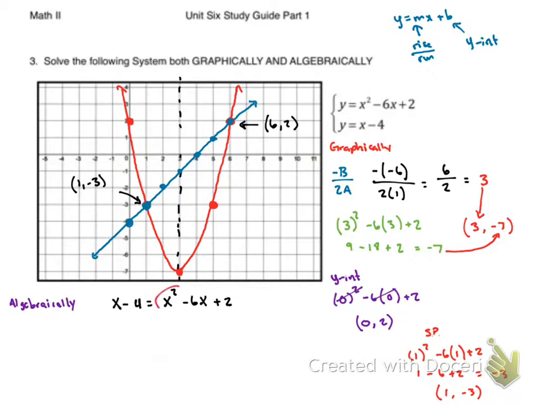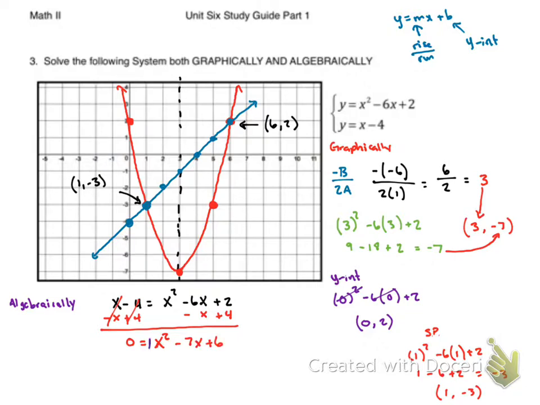I notice that my x squared here is already positive, so I don't want to move it. So I want to move these two terms over to the right hand side. I'm going to subtract x on both sides, and at the same time I'm going to add 4. So I did 2 steps in one there. These cancel out, they're left with 0, so we get 0 equals x squared minus 7x plus 6.